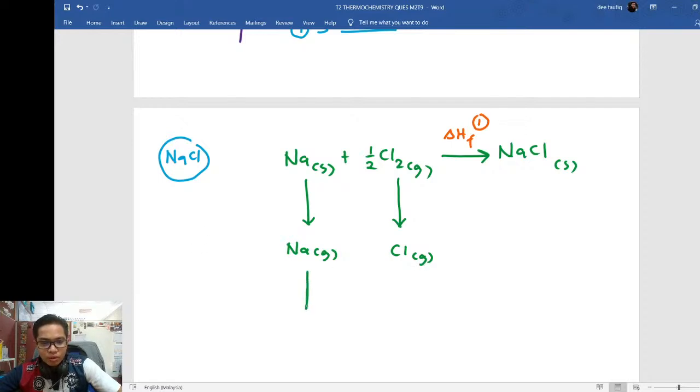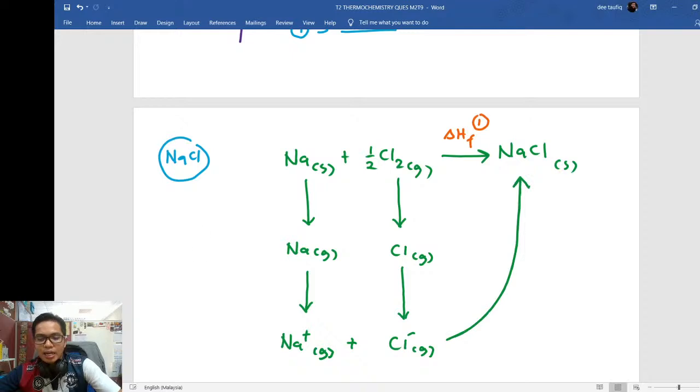And then from Na gas atom become Na plus gas ion. Chlorine gas atom become chlorine minus gas ion. And then when these two are together, it will become NaCl solid. Okay.